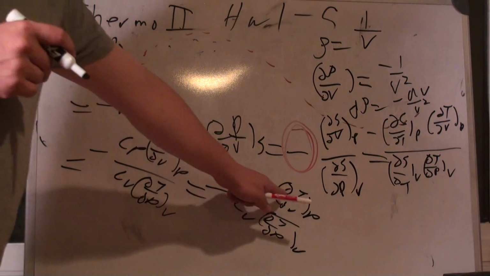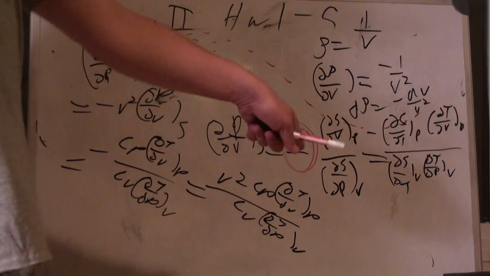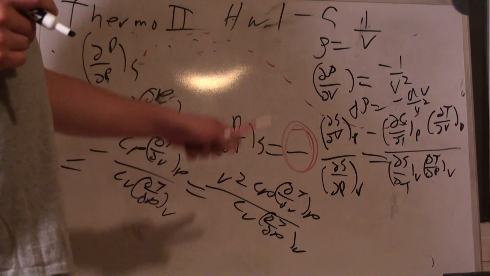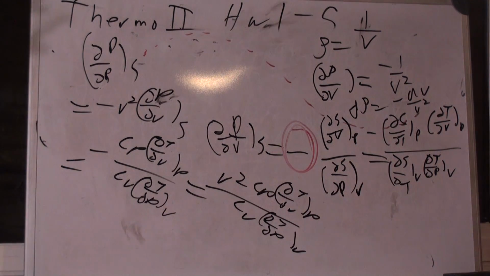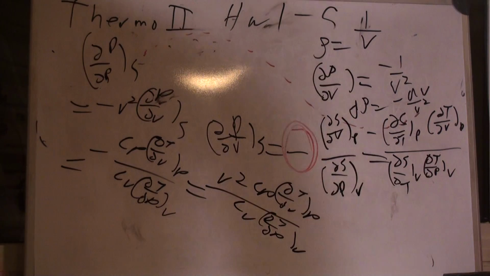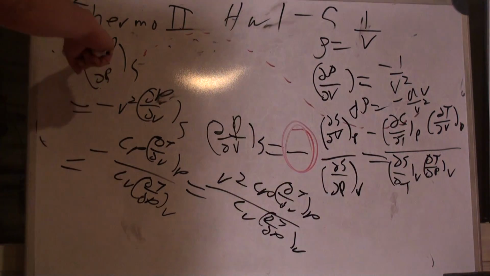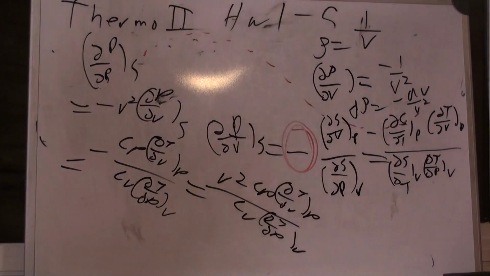I have a V squared divided by a V, so I've got a V divided by a P, so I have a P times a V. P times V, well, we've already established that is kind of what's going on up here, and we've already established that those are the same units up there, so I am still in the right units. I'm good. I'm going to give myself a good thumbs up.